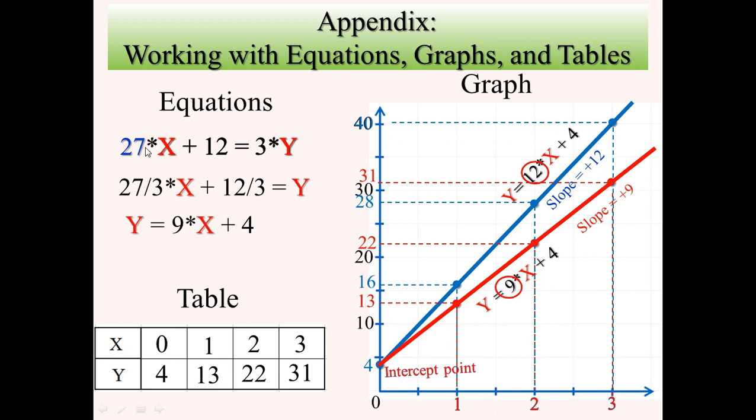So when you change the coefficient of x, the slope changes. If you change it to a lower value, the slope of the new one is smaller than the original one. When the slope of the new equation is smaller than the slope of the original equation, when you draw the graph, the line must be lower than the original one.